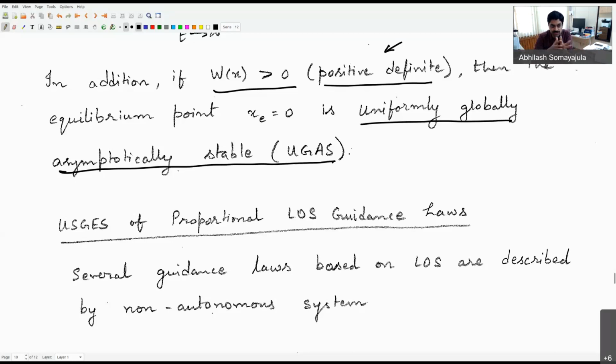You will see that when we are looking at our guidance schemes and control schemes, when we want to prove robustness, which means that when I have an additional disturbance acting on my system, whether my controller will be able to reject those disturbances and still give optimal performance, these sort of methods come in very handy to prove mathematically that yes, they are robust in nature.